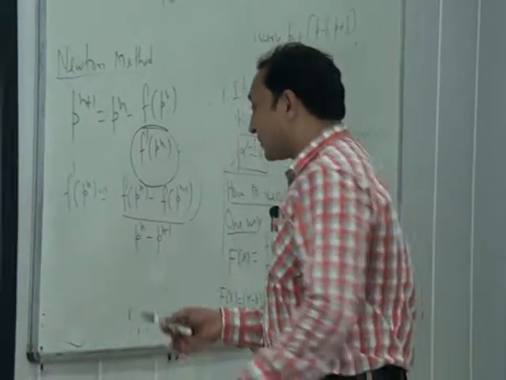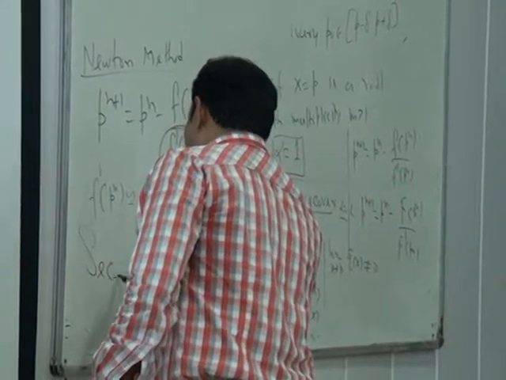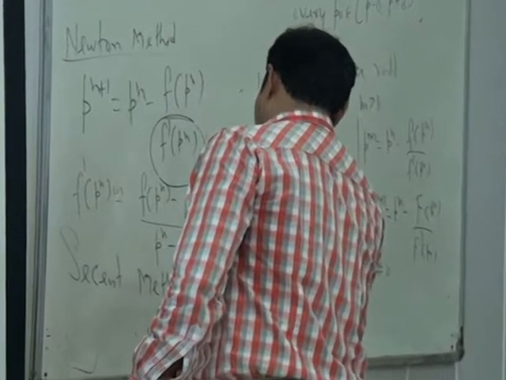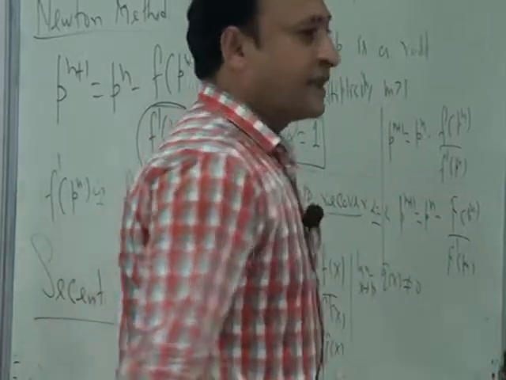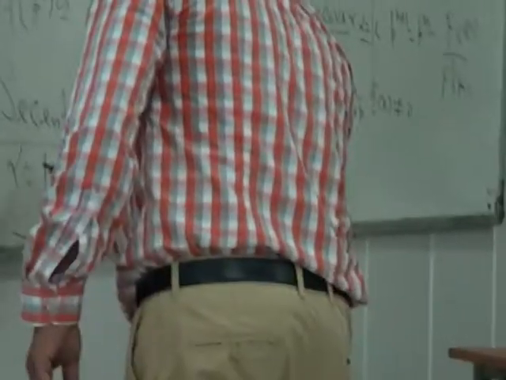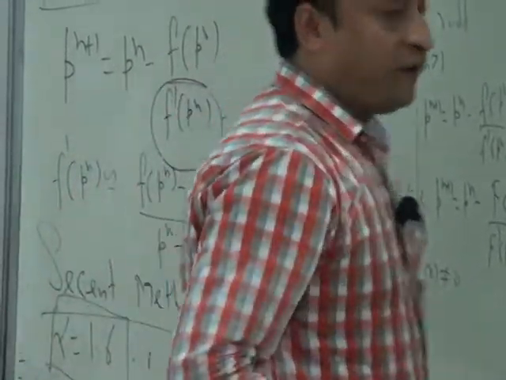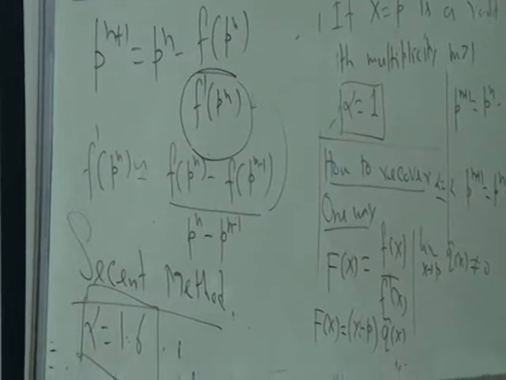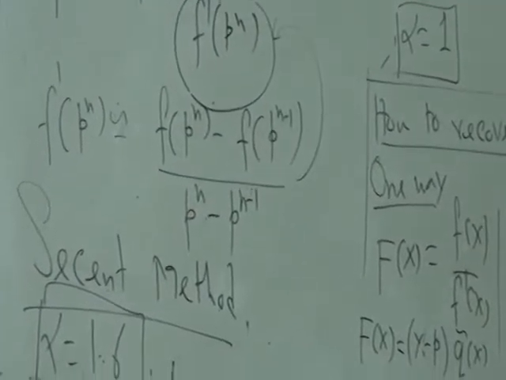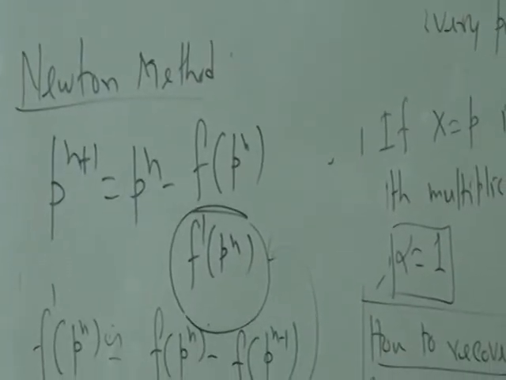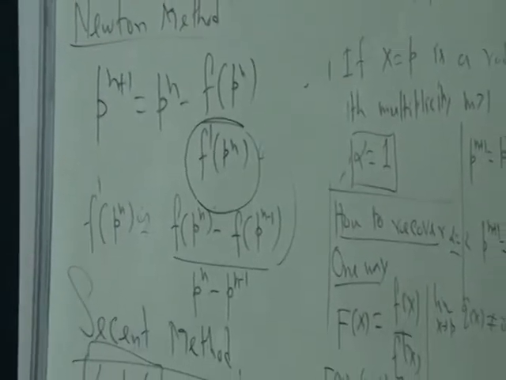And this is called your secant method. It has a geometrical interpretation, I will tell you. But here your alpha is 1.6, there is a reduction in the order of convergence. Why is it called the secant method? It is clear so far?